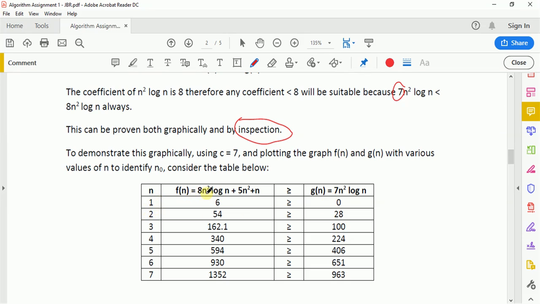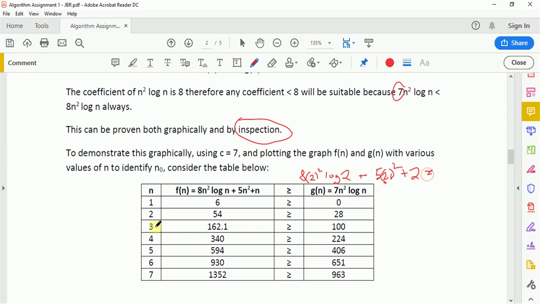When n is 2, for those that don't understand, it's 8 times 2 squared times log 2, plus 5 times 2 squared, plus 2.